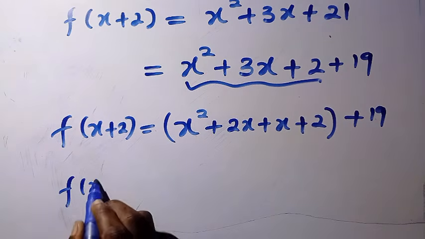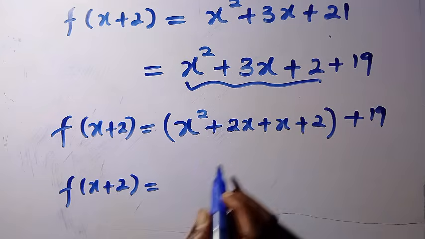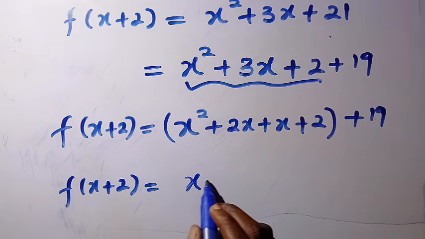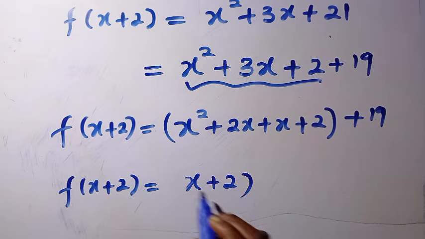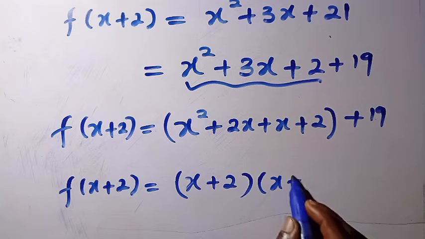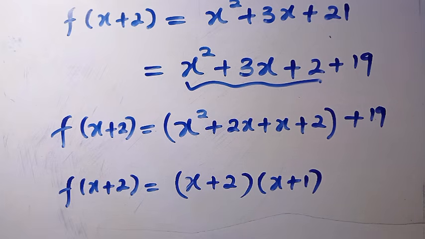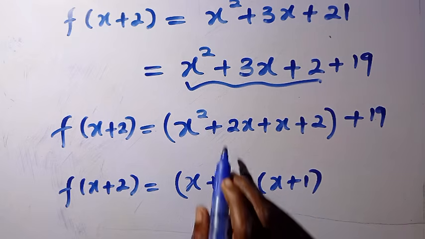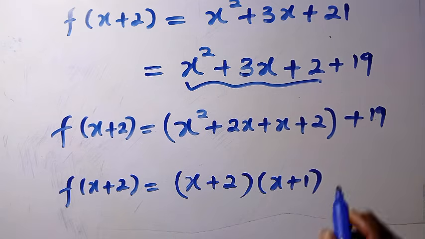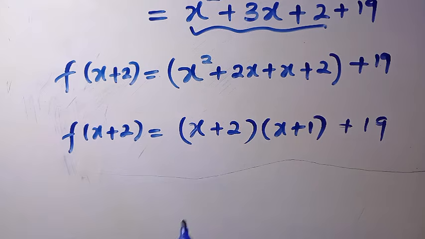So the whole of this can be x plus 2 multiplied by x plus 1. Yes, this is x squared, this is 2x, this is x, and this is 2. So we have the whole of this, then plus 19.